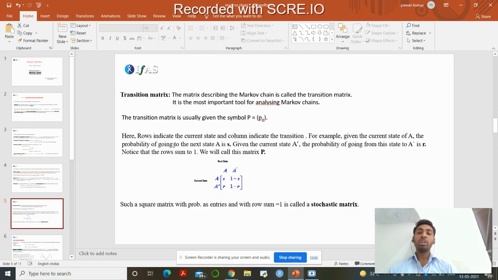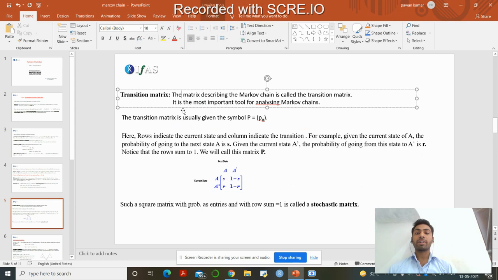Now we define a transition matrix. The transition matrix describes the Markov chain. What is the transition matrix? The matrix which describes our Markov chain is called the transition matrix. Let me explain by example.